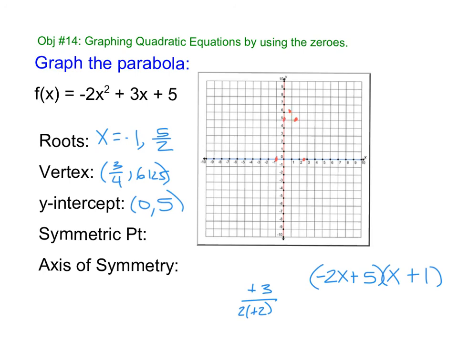So that's why I always double. So that is 1 1/2, comma 5. Okay, that was ugly. That's it. Axis of symmetry, x equals 3 over 4.